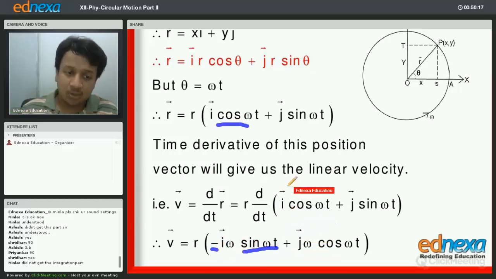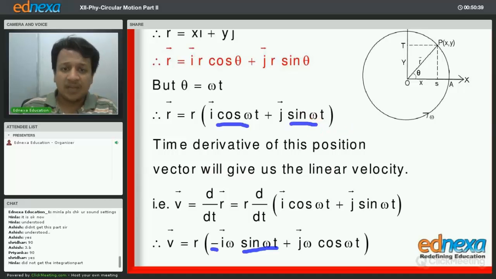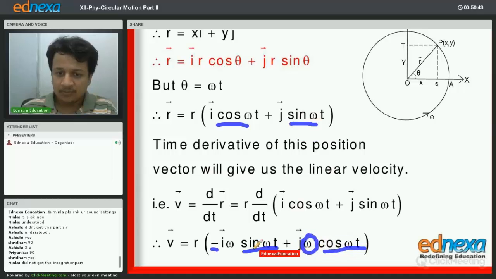But according to the chain rule, if anything is attached to theta or to the time, that will come outside once. So derivative of cos omega t is minus i omega sin omega t, i as it is. Similarly, derivative of sin omega t is cos omega t into omega.